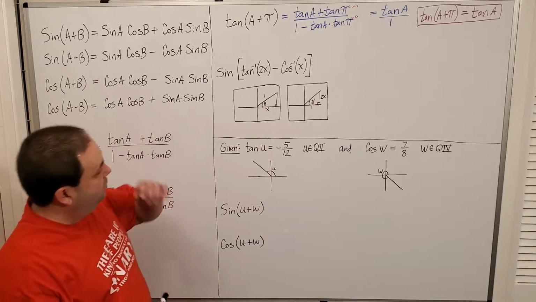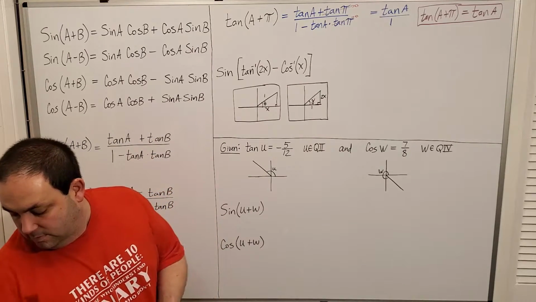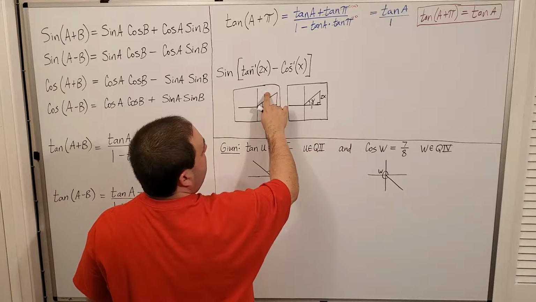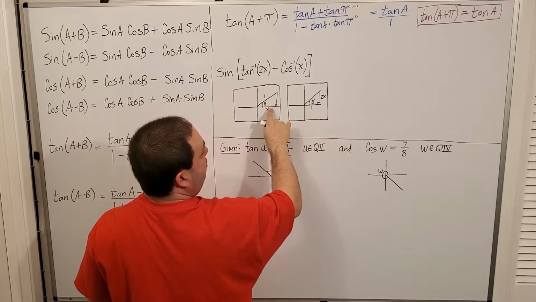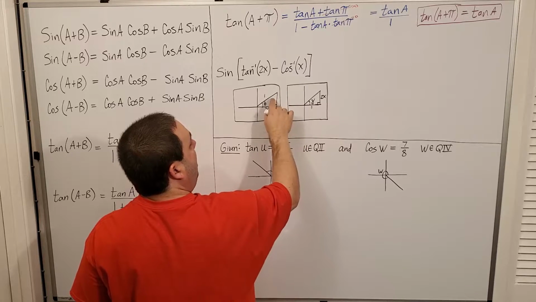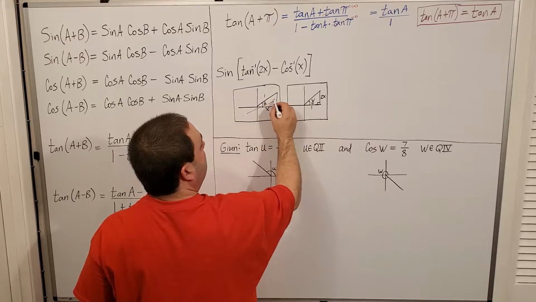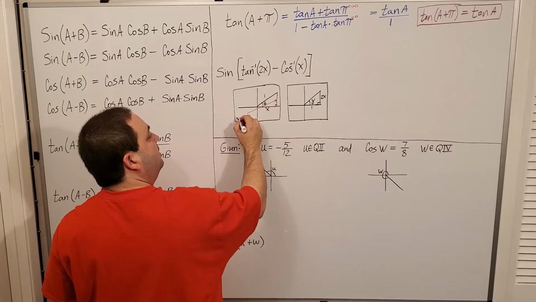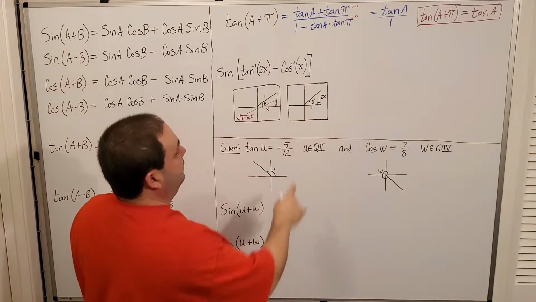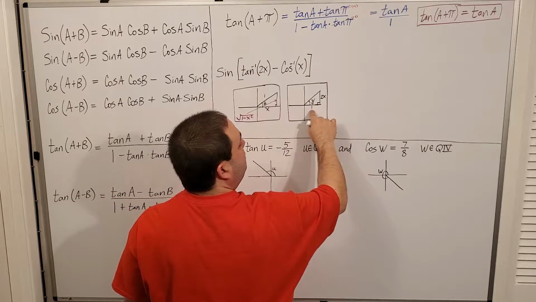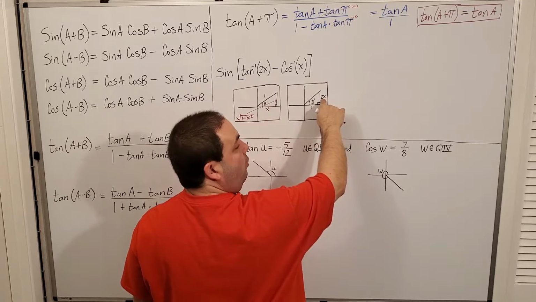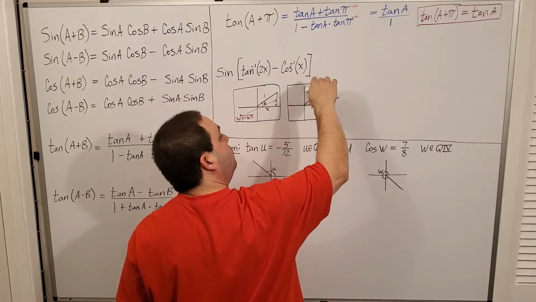Okay, so to fill this out, let's go ahead and use Pythagorean theorem right here. This is going to be 1 squared minus x squared and then square rooted. Okay, so the opposite side over here, that side right there, is going to be the square root of 1 minus x squared. And on this guy right here, I'll do 1 squared plus 2x squared, which is going to be 1 plus 4x squared, and then square root.